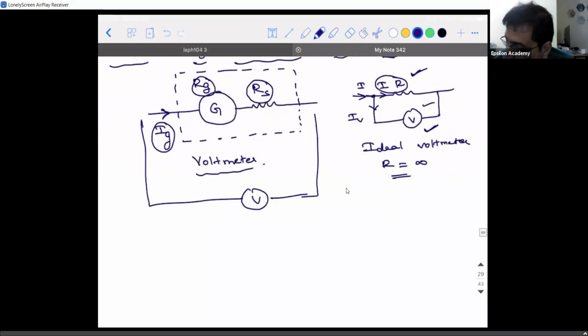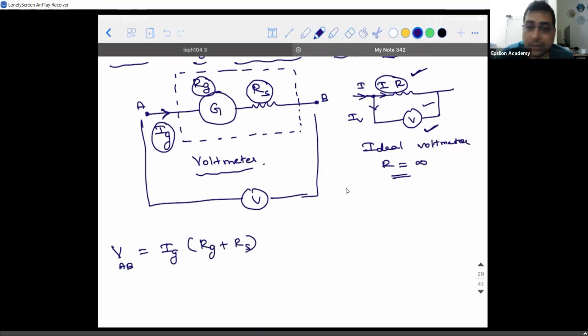So now observe. Can I say the potential drop across the whole circuit, potential drop across AB, can I call it IG into RG plus RS? Right.